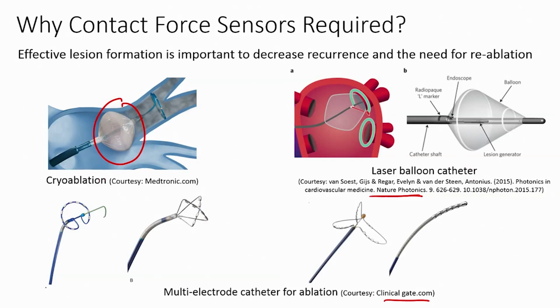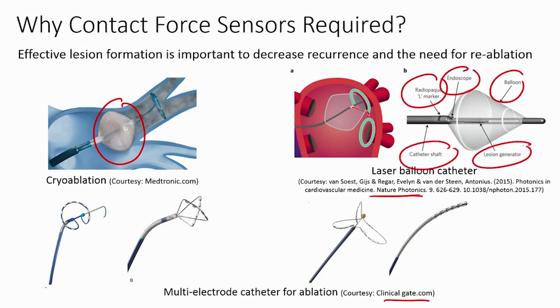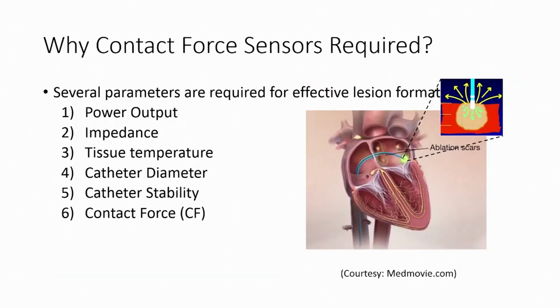In this particular case, there is an endoscope, balloon, radiopaque marker, catheter shaft and lesion generator. So, multi-parameter catheters have been published and are used. However, we still require a force sensor on the catheter.